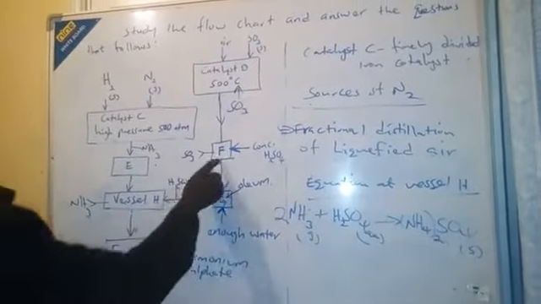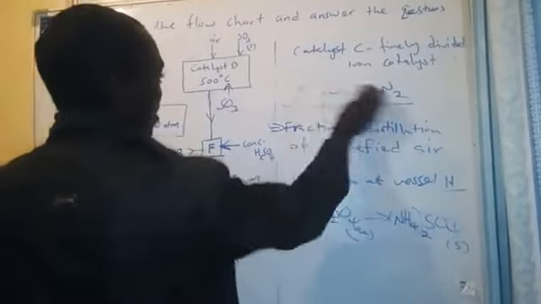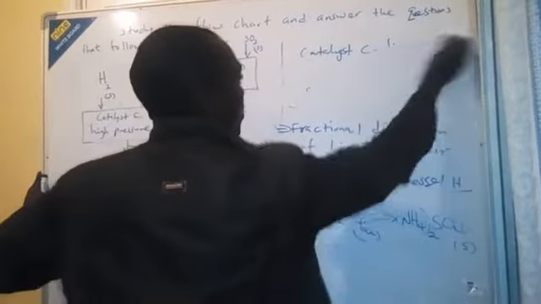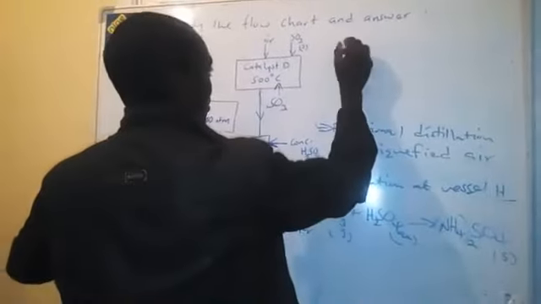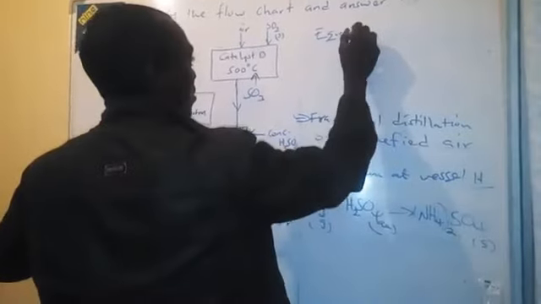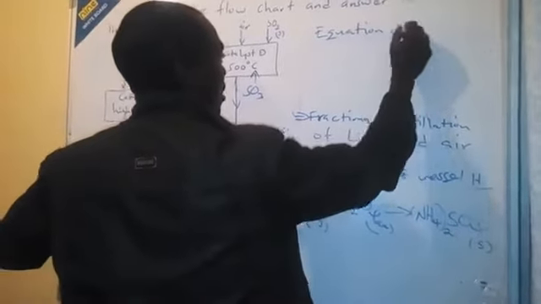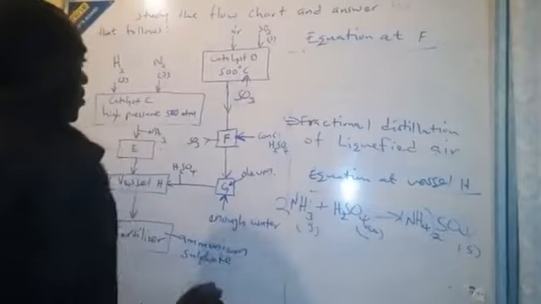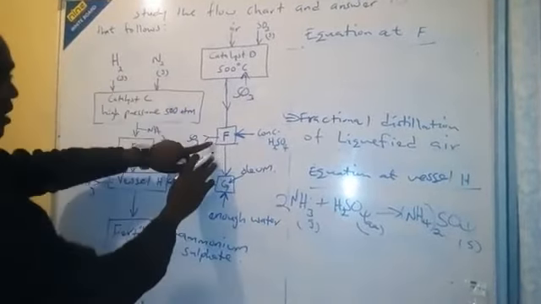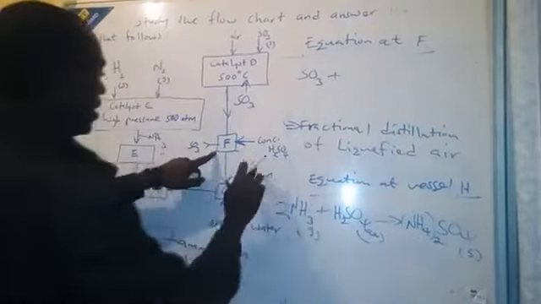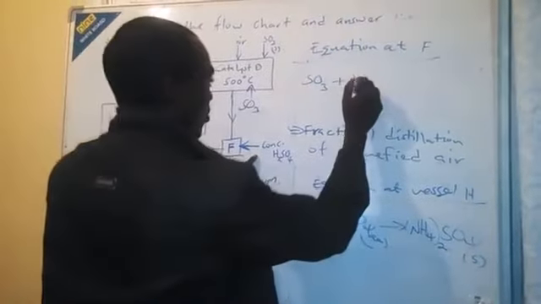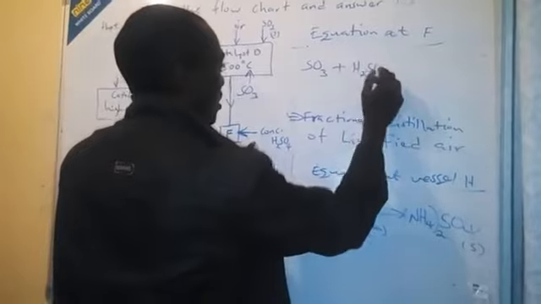The other question was the equation at F. What was getting into F was sulfur VI oxide, and they were also adding conc. sulfuric acid.